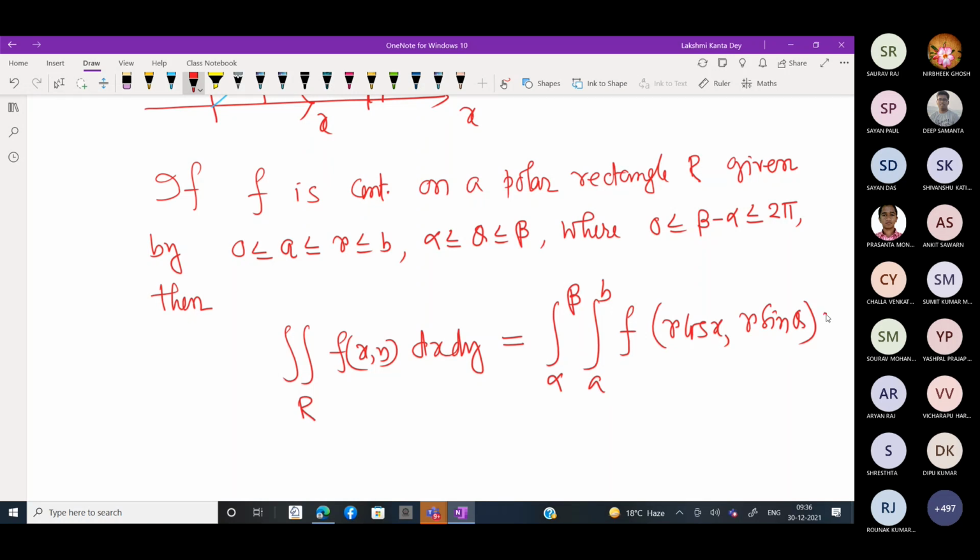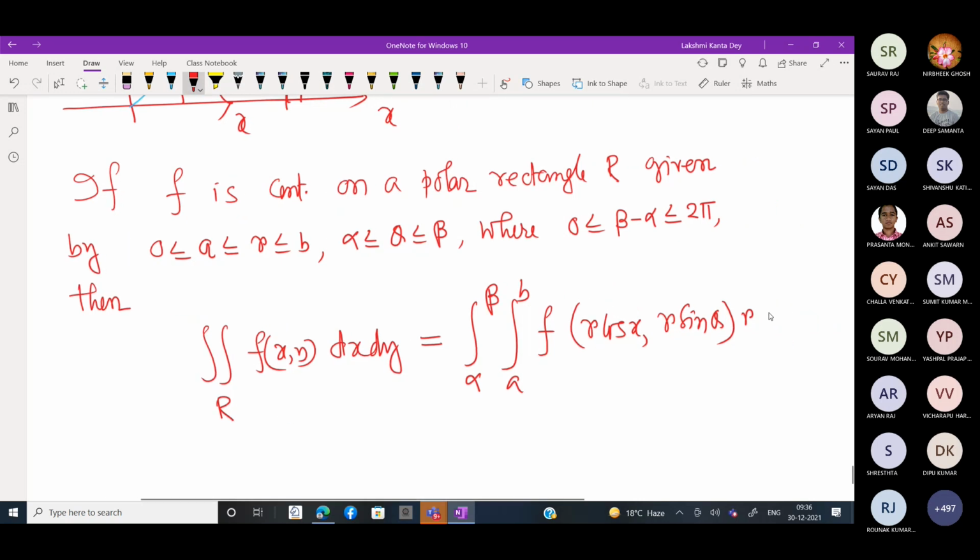We have to write here r dr d theta. Some r is coming, one factor. Instead of dx dy, we replace dx dy by r dr d theta. Okay, so this thing we have to say.